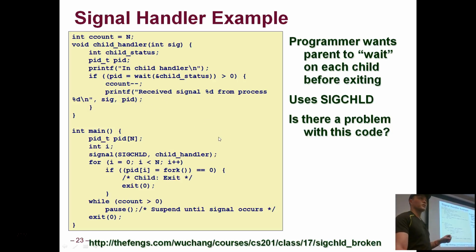So, is there a problem with this code? Does anyone see an issue with this? Will this always terminate? Or can anyone see a condition where this thing will hang forever?